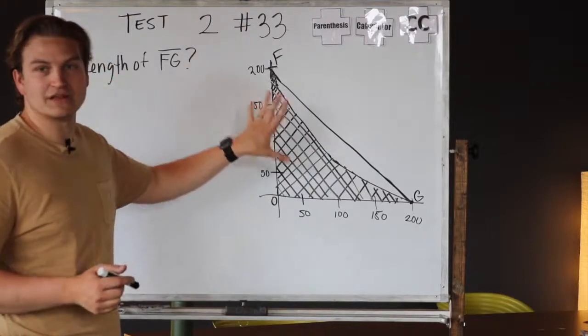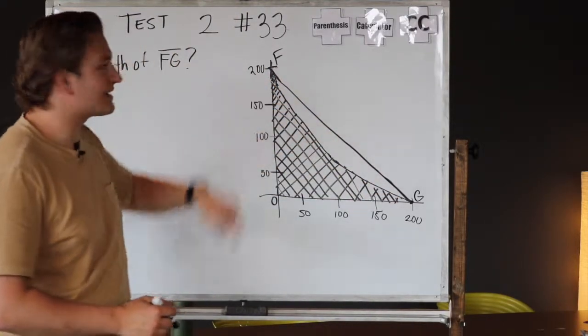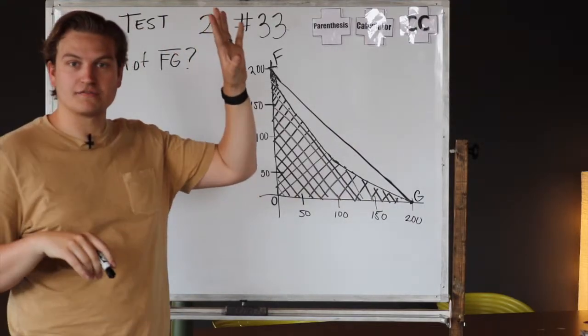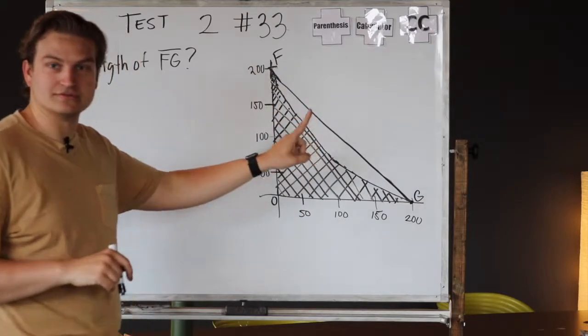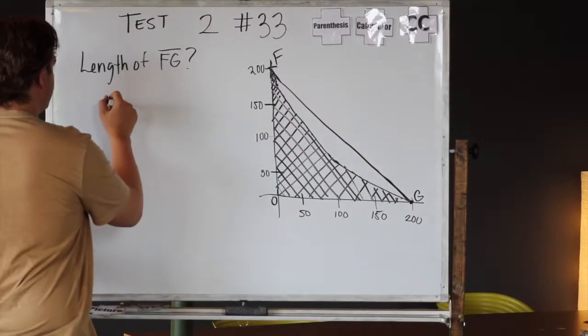Now when I look at this picture, and I want to find the length of this straight segment, FG, my brain has a siren going off. And it tells me, Andrew, there is a right triangle here. Let me show you.